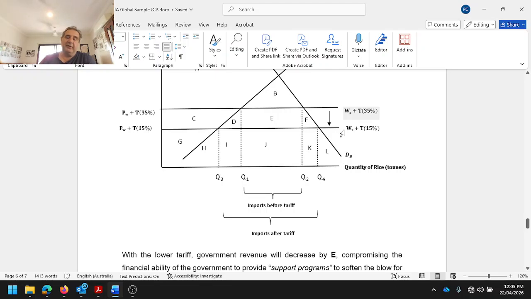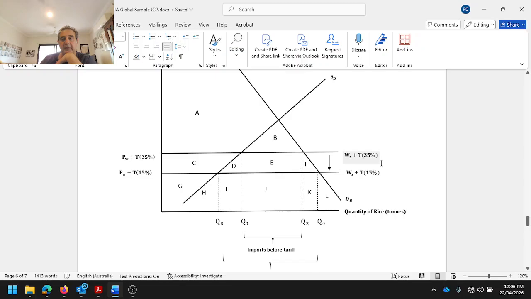It's basically telling the examiner, look, the world market is a pretty competitive market. In this instance, we're saying that Vietnam has the capacity to supply the entire Filipino market at the world price. Now, that may not be true, but it's a simplifying assumption which enables you to put in that perfectly elastic world supply curve.